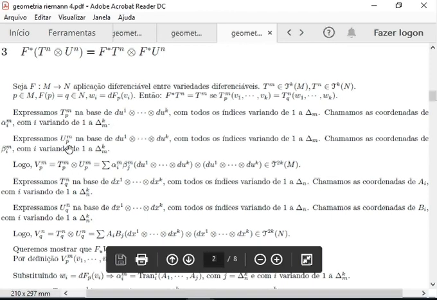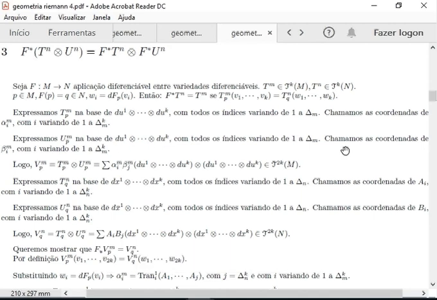We express Upm in the basis du1, duk, and we call the coordinates beta im. Therefore, Vpm equals Tpm all times Upm equals the sum alpha im beta jm du1 duk all times du1 duk in T2k of M.